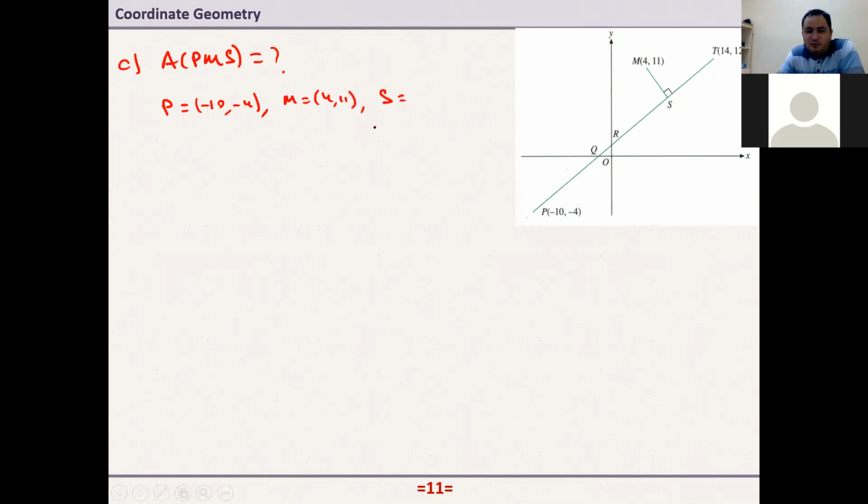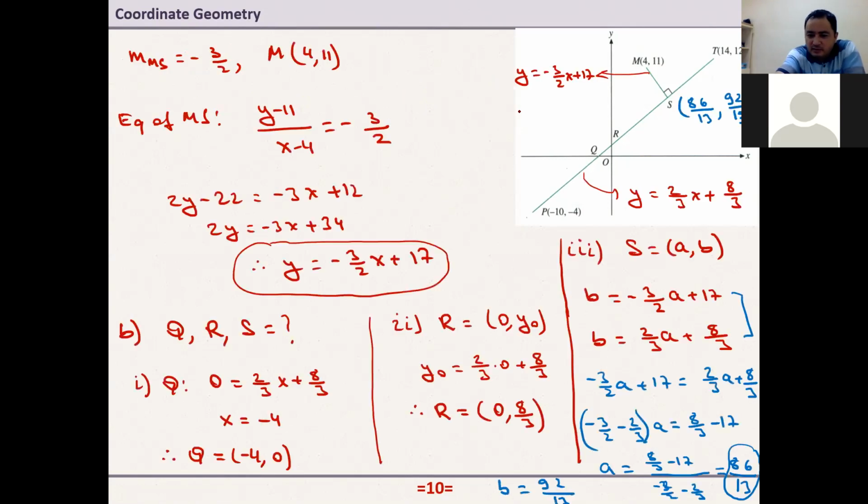How about S, Amira? Do you remember the coordinates of S? No. It is 86 over 13, I think, and 92 over 13. Yeah, let's make sure. 86 over 13, 92 over 13.